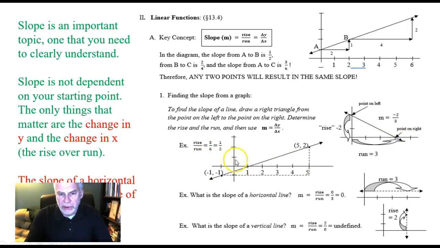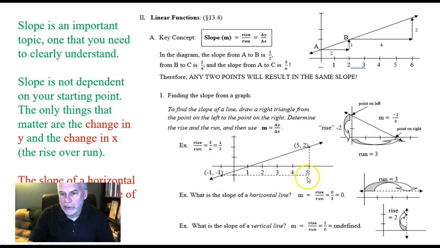In the second picture right here, again, rise over run. Now, again, it doesn't matter where you start. What matters is how much you rose and how much you ran. So in this picture, we're starting at (-1, -1), but we're rising up 1, 2, 3 units.